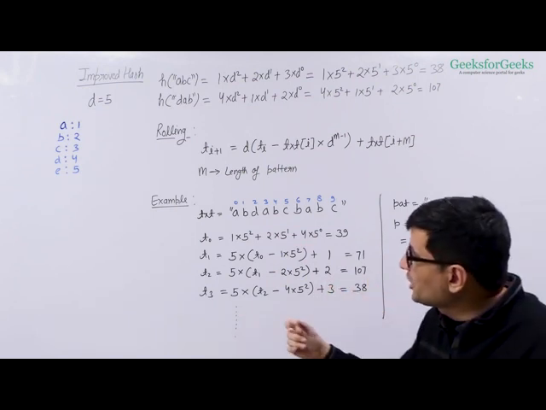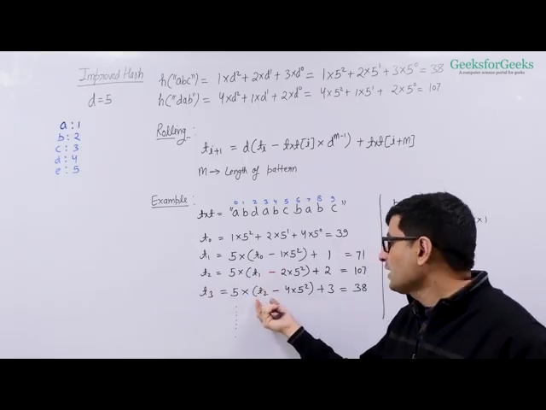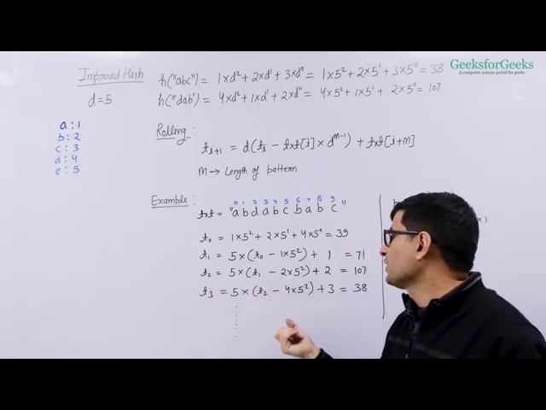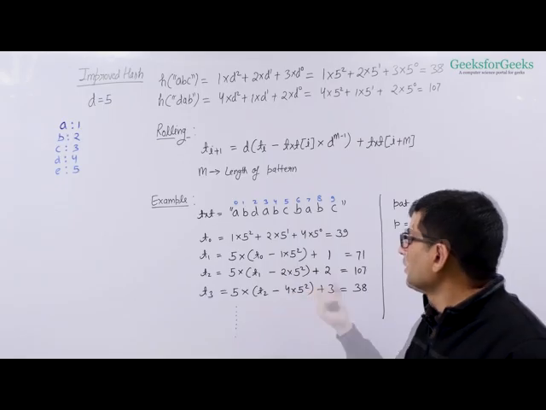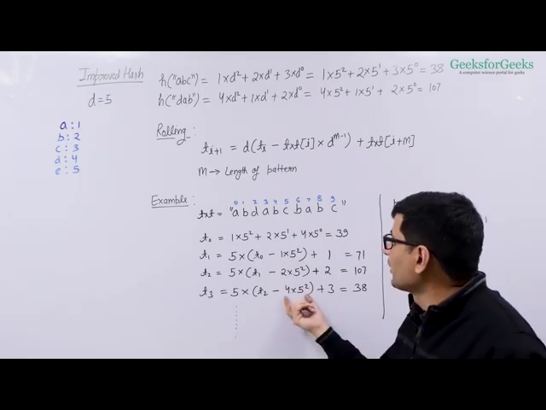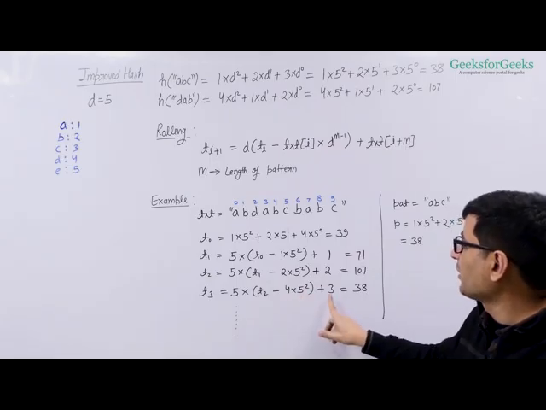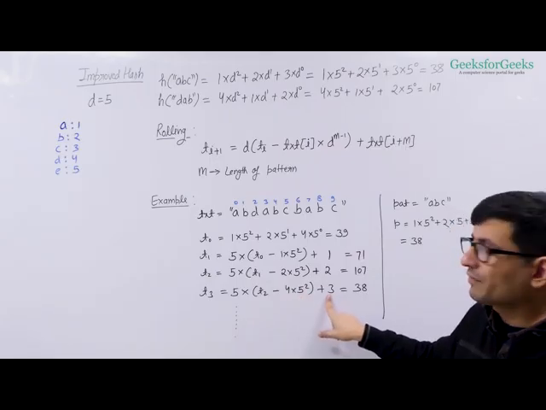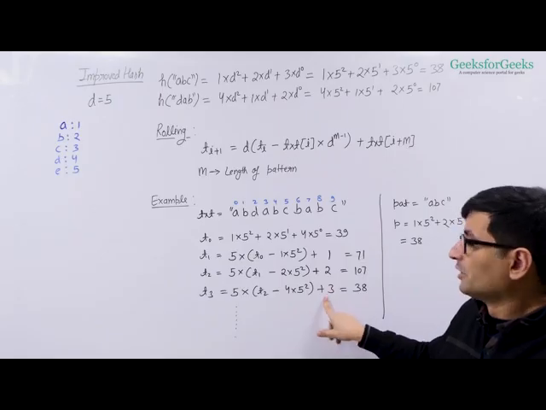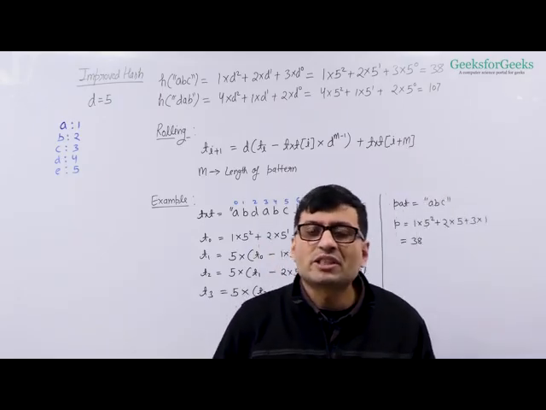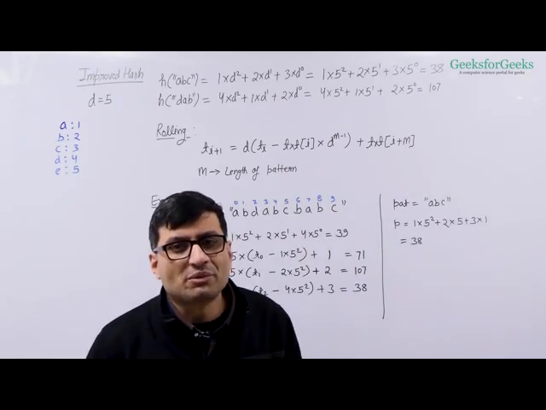Now for t3, again we use the existing value of t2, we subtract 4 into 5 square, the first character of the previous window multiplied by d raised to the power m minus 1, and we add the last character of the current window.